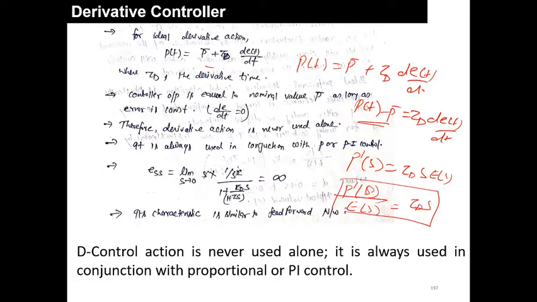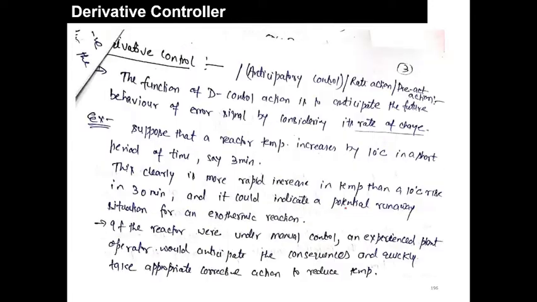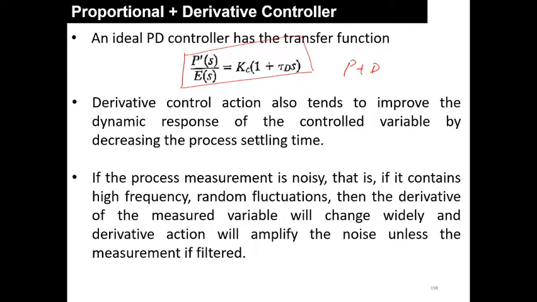Now when we combine it with the proportional controller, you can say P(t) is equal to p bar plus Kc into e(t) plus Kd or tau d, both are the same thing, tau d de by dt. This is the expression for the PD controller.